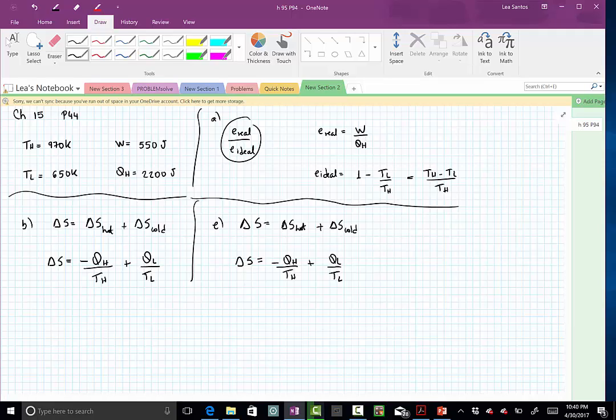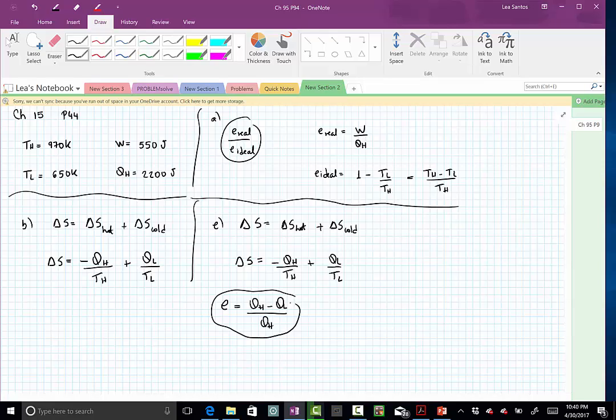Let's just do this problem symbolically. What we know is that efficiency is QH minus QL, this is the work, divided by QH. This is a general expression valid for any engine, ideal or real.